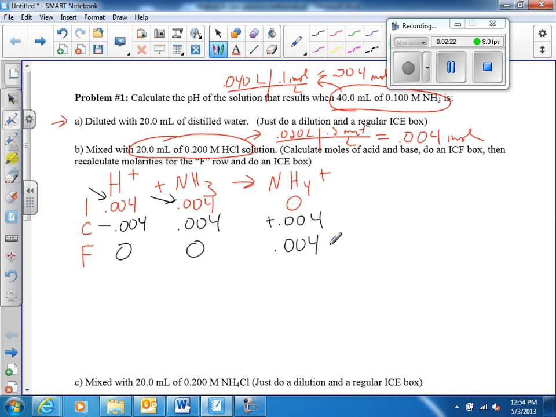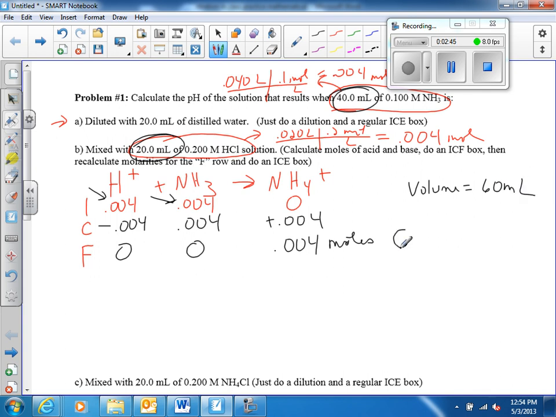And these are moles. When we do an ice box, we need to have molarity. So I'm going to have to divide that by the total volume. My total volume is 40 milliliters and 20 milliliters, so the total volume is 60 milliliters.